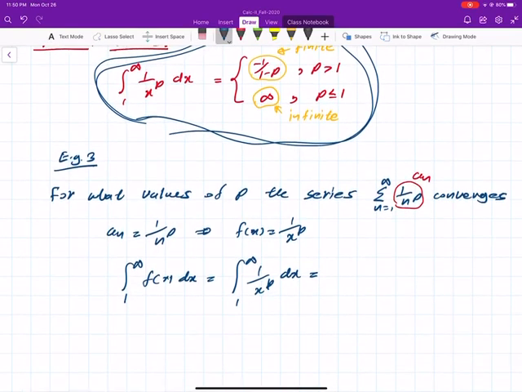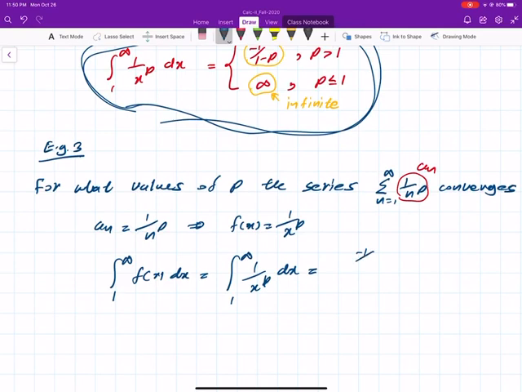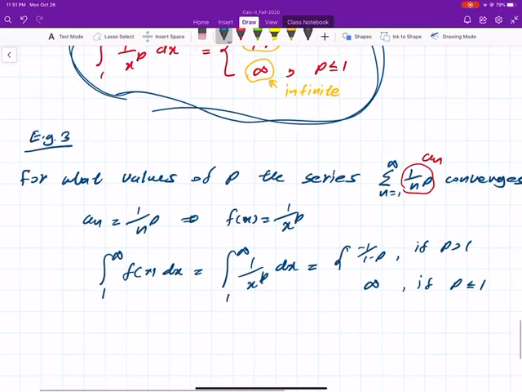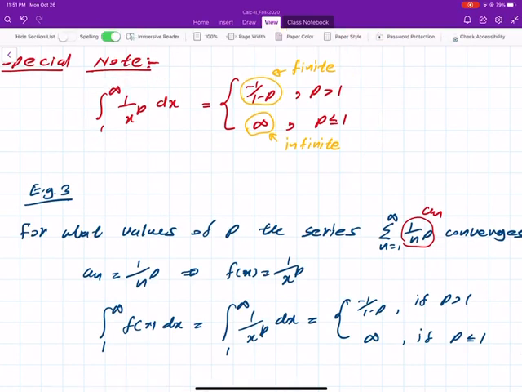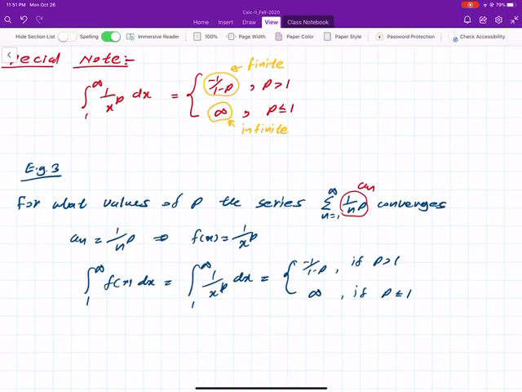Then this integration is actually minus 1 over 1 minus p if p is greater than 1. This is infinity if p is smaller than or equal to 1. Okay, so these are the two cases we have.